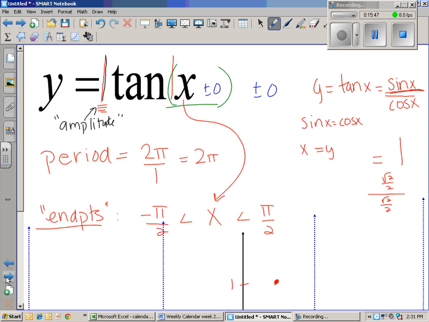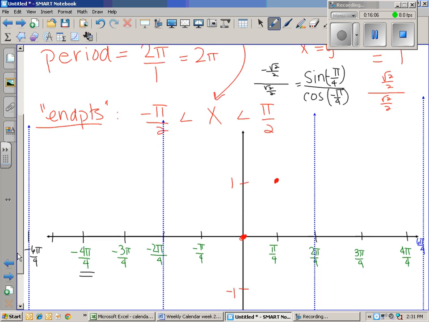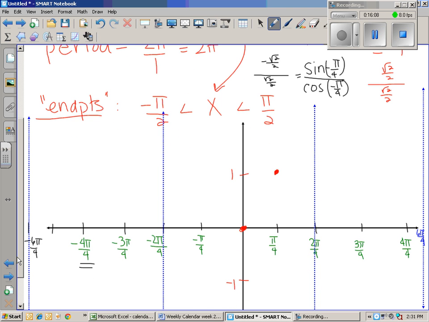The sine of negative pi over 4 divided by the cosine of negative pi over 4, and I get negative root 2 over 2 divided by root 2 over 2. Correct? A negative something divided by something is going to be a negative 1. So at negative pi over 4, I'm actually down here at negative 1.